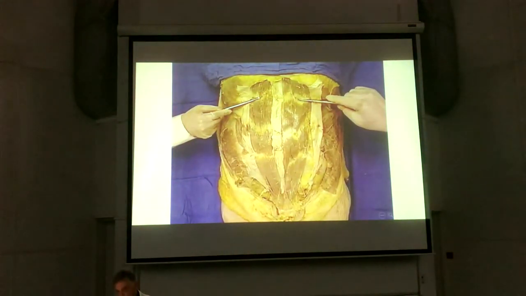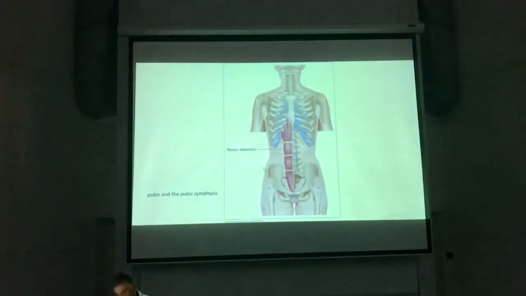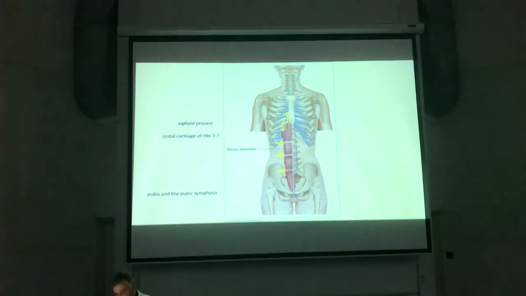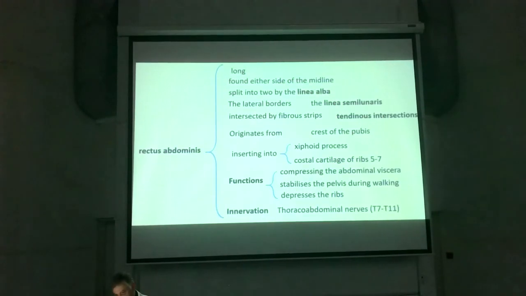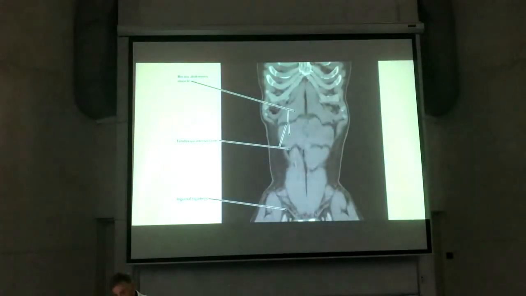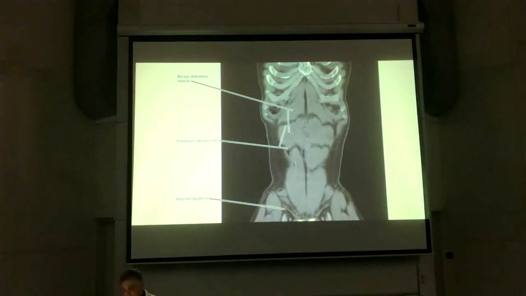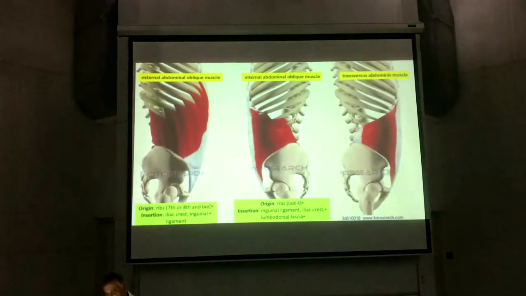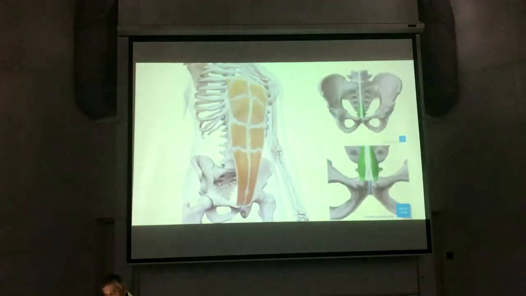These are the interdigitations, and this is the rectus abdominis. That's the insertion, costal cartilages and xiphoid process. These are the interdigitations, and this is the pubic symphysis. This is a CT scan of the rectus abdominis. You see the interdigitations. This is a summary.